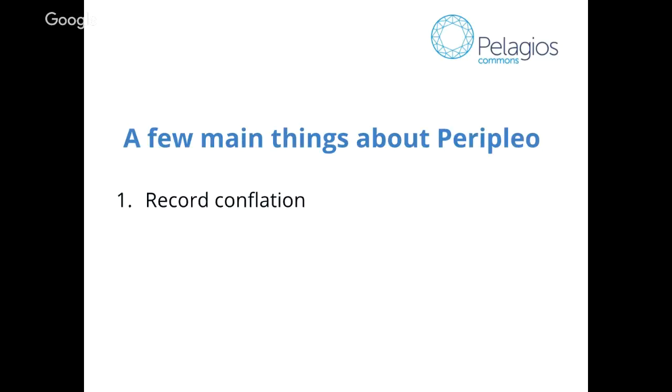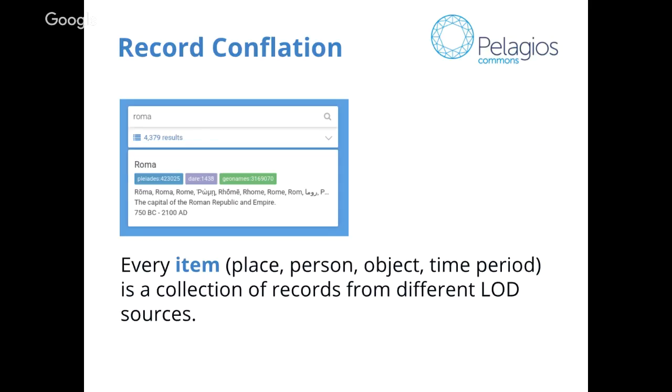And the first concept is the one of record conflation. So every item in Peripleo, which could be either a place, a person, an object, a time period, and we'll talk more about this, is a collection of records that come from different linked open data sources, like we have seen, like Pelagios, or the Dare Digital Atlas of the Roman Empire, and so on.